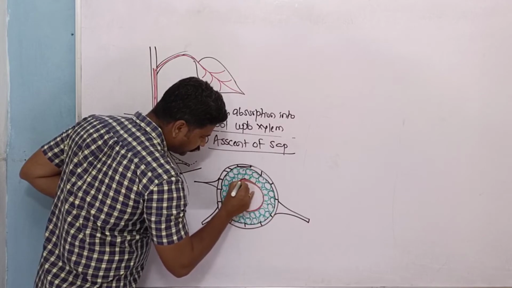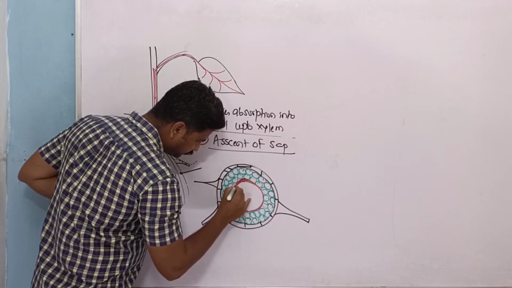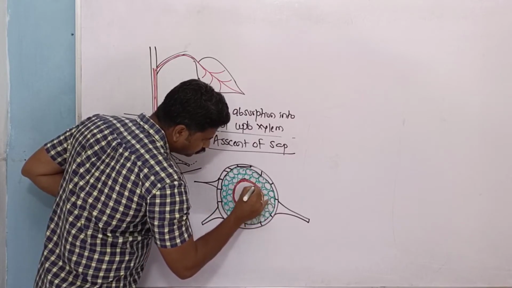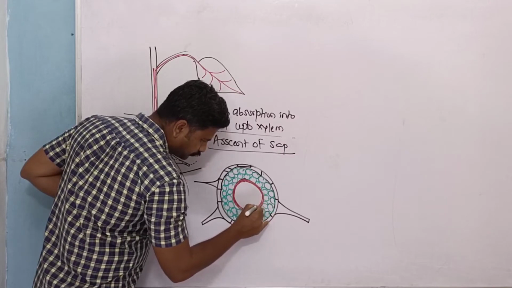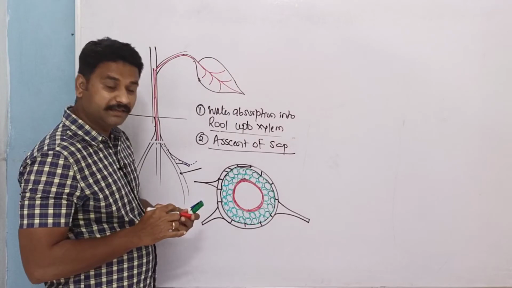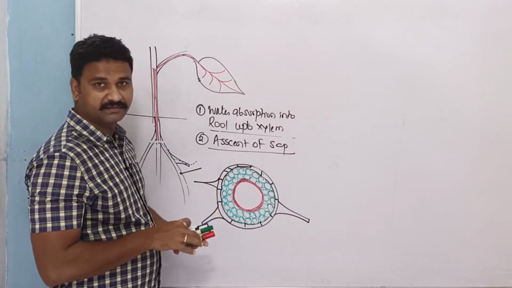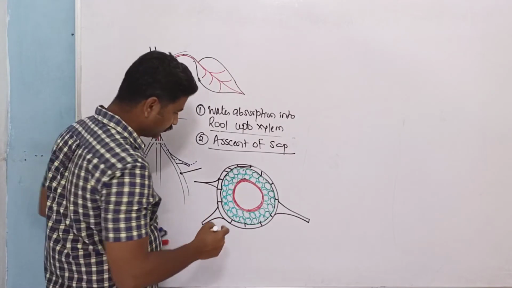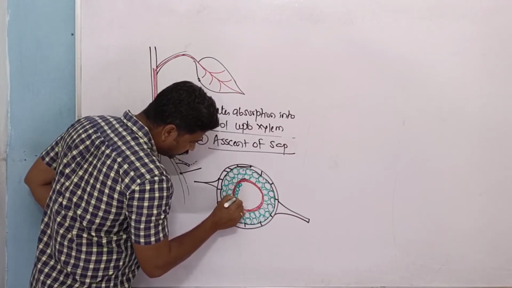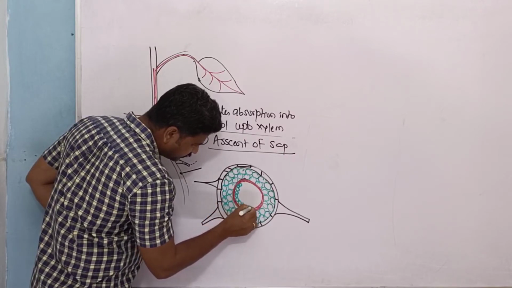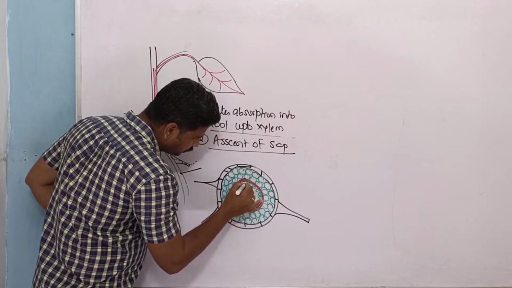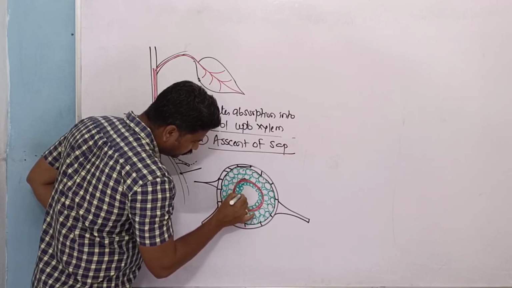So this is a layer of endodermis. Then inside the endodermis there is again a parenchymatous layer which is called as pericycle. Okay, so inside the endodermis there is again a parenchymatous cells which will form a layer of pericycle.